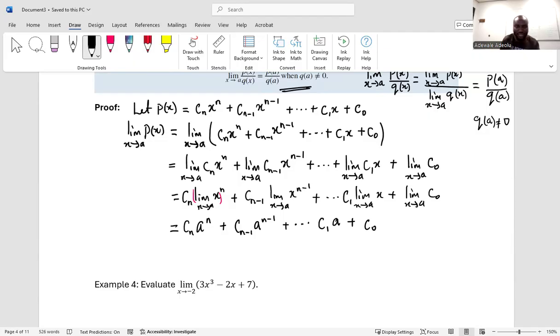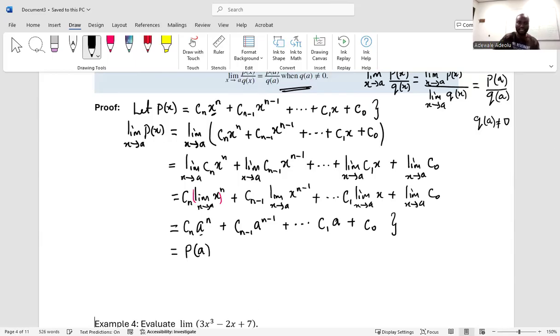Now, look at this function we have here. Is it not the way we defined our P of x, but now instead of having x, we have a? So we claim that this is exactly P of a. So that is how we prove that assertion.